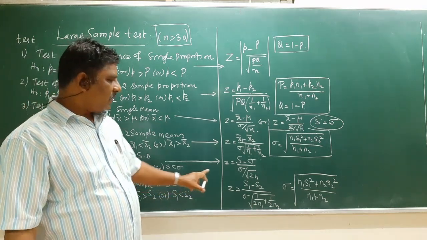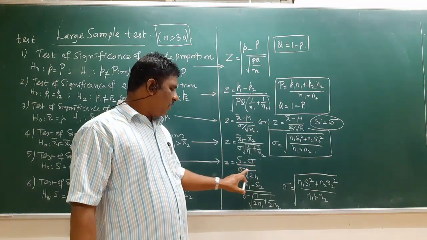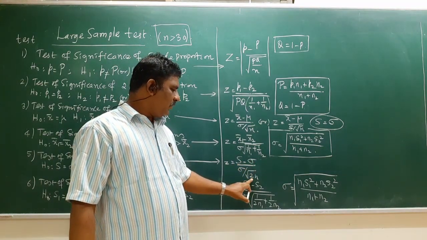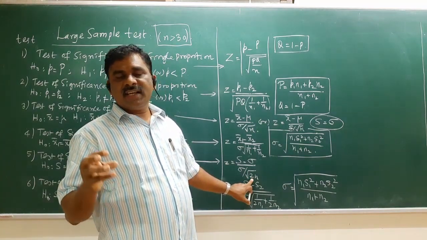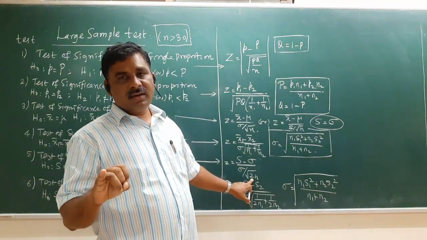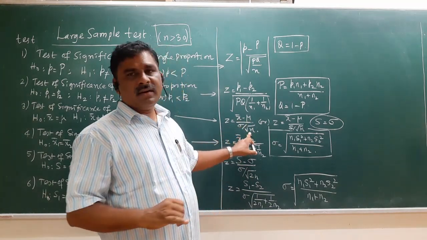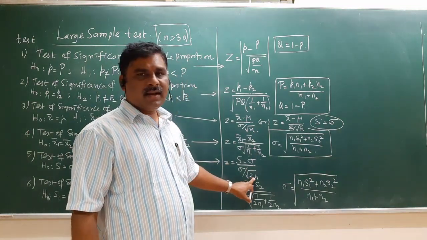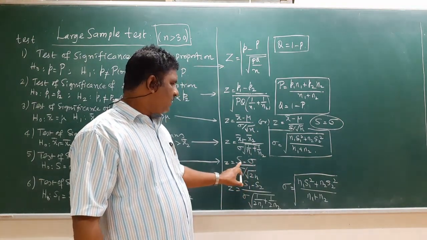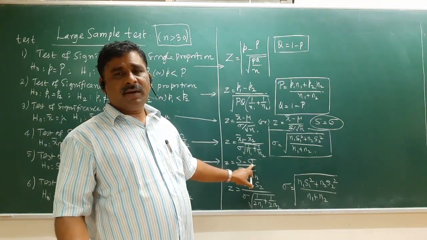And the test statistic here is S minus sigma by square root of 2n. Very easily you can remember this. Test of significance of single mean is x bar minus mu by sigma by root n. Instead, here only 2n is there and the numerator is S minus sigma. That means sample value minus population value.